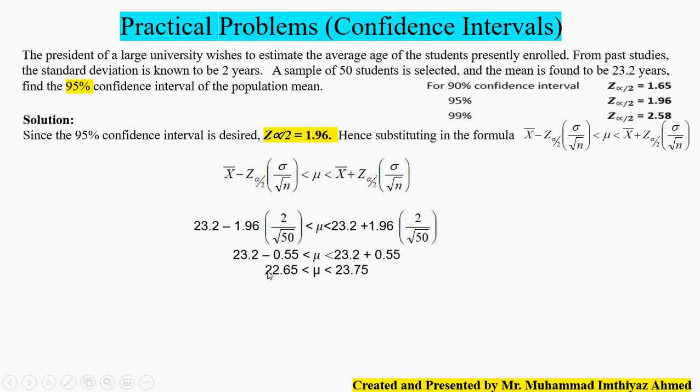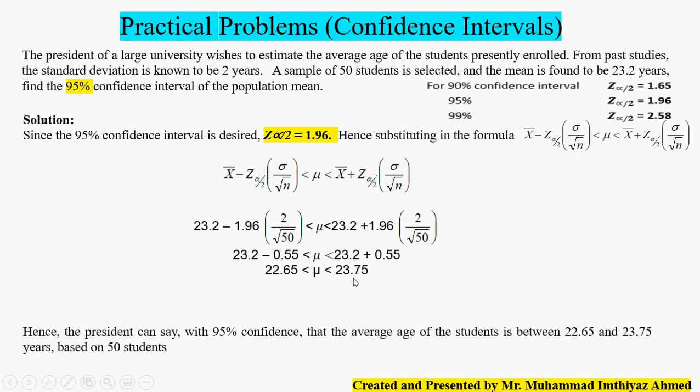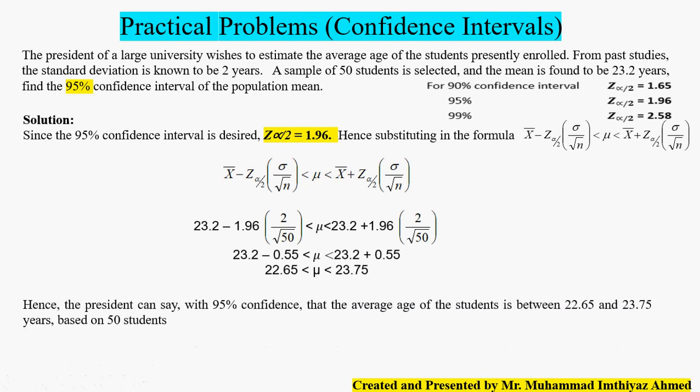So at one end you need to subtract, at the other end you need to add. So once you do that, the answers will be 22.65 and 23.75. Therefore, the president can say with 95% confidence that the average age of the students is between 22.65 and 23.75 years based on 50 students.